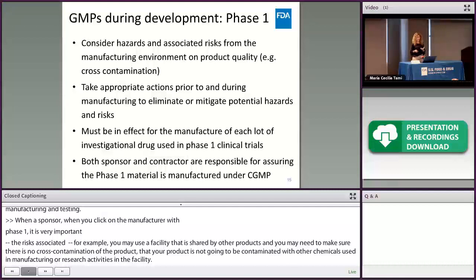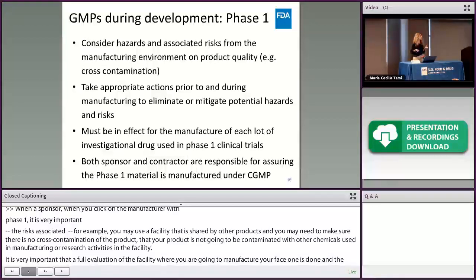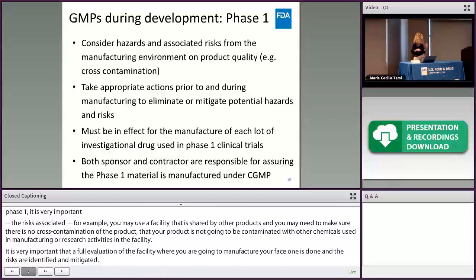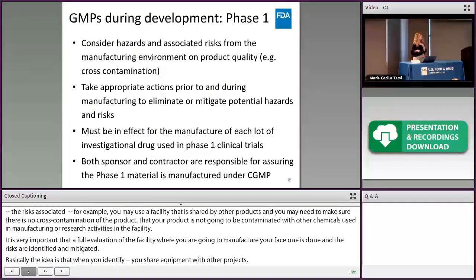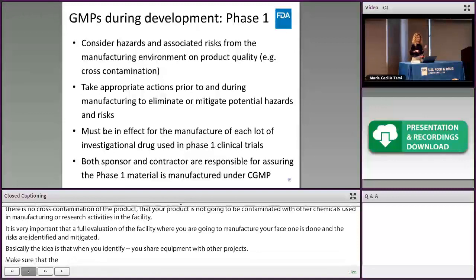So basically, the idea is that once you identify, for example, that you share equipment with other projects, you make sure that the equipment is clean, so that your phase 1 material is not at risk. So it's important to take appropriate actions prior to and during the manufacturing of the phase 1 material to eliminate or mitigate potential hazards and risks.